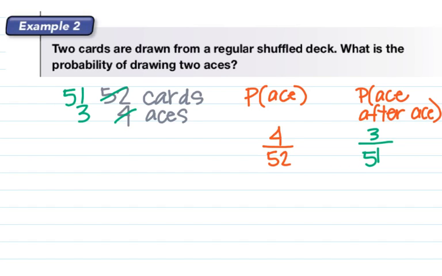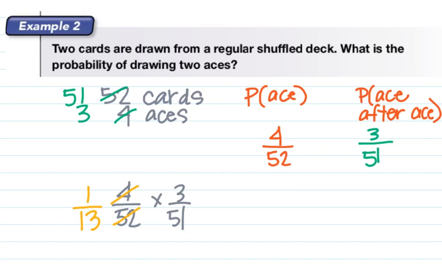So now we're going to multiply these two together to find our probability of the 2 events. I can reduce 4/52 to 1/13, so I'm going to do that first.